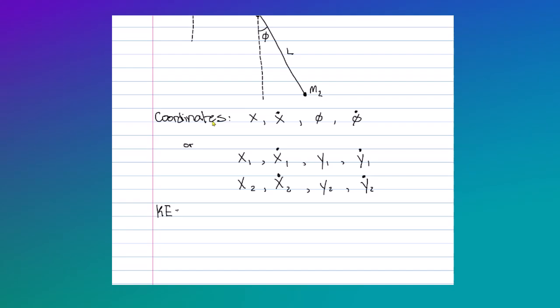Before we move on, we're going to express the kinetic energy in terms of the Cartesian coordinates, because that's the simplest way to do it. And then we are going to convert from those Cartesian coordinates to the desired coordinates using our coordinate transformations.